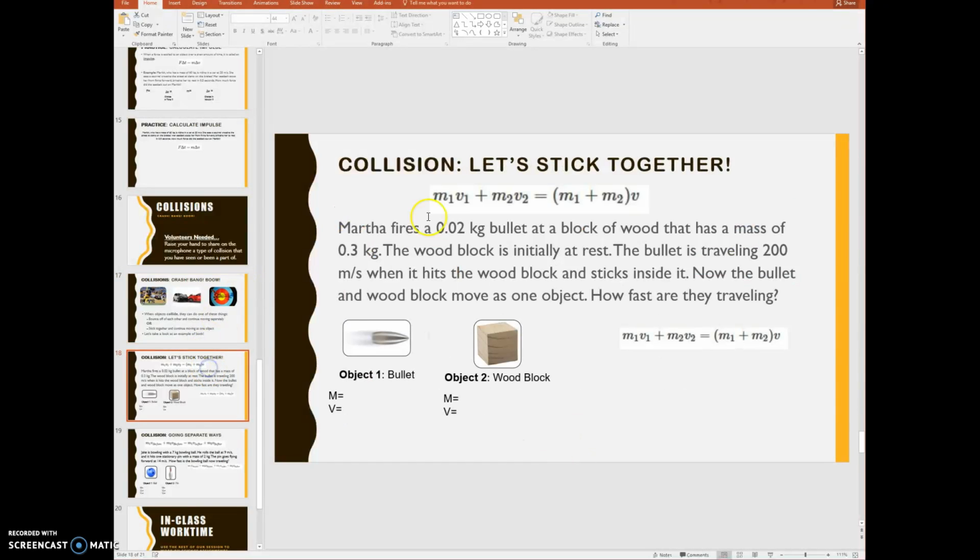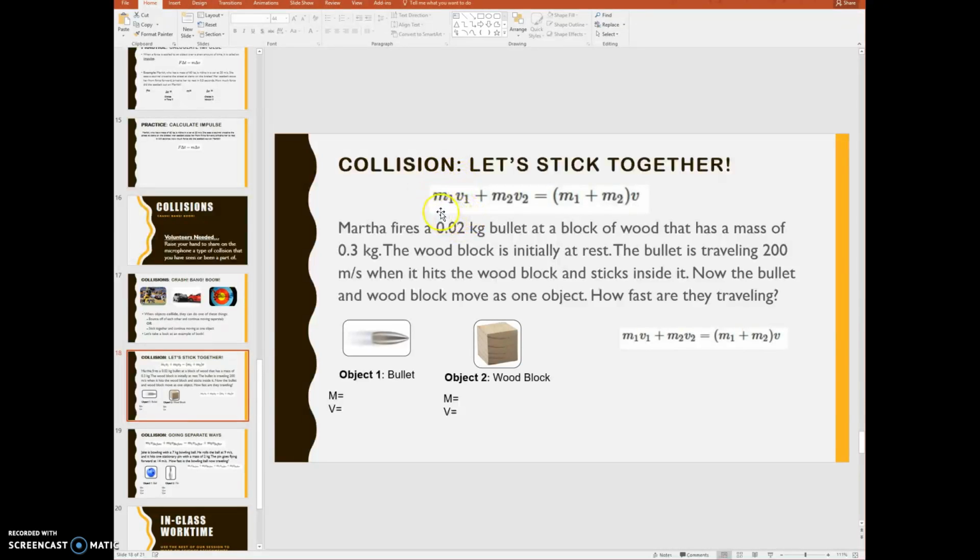We'll begin with a collision in which things stick together and move as one object afterwards. Today in class we reviewed 4 different formulas that we use to calculate momentum of objects and predict some information about their motion. But because today we're talking about collisions, we are looking at the equation that uses 2 different objects.